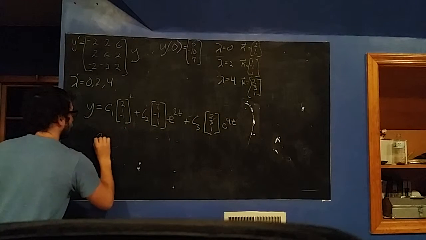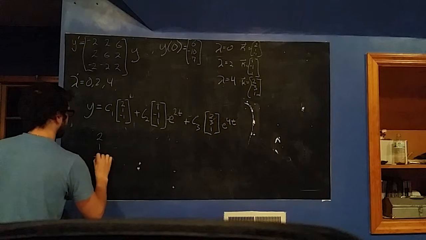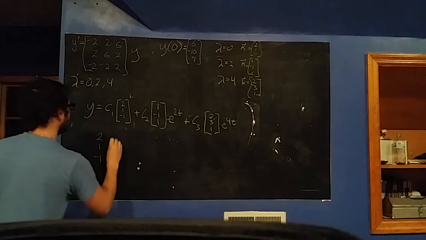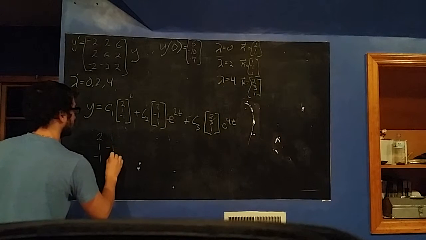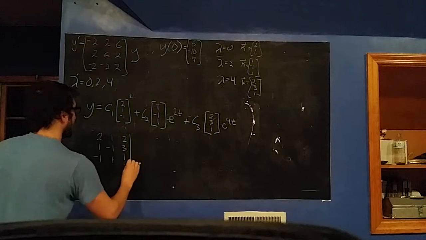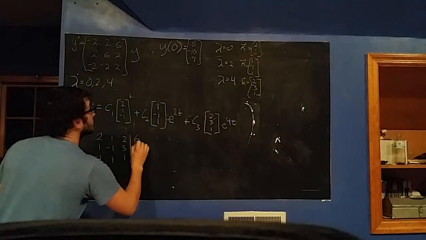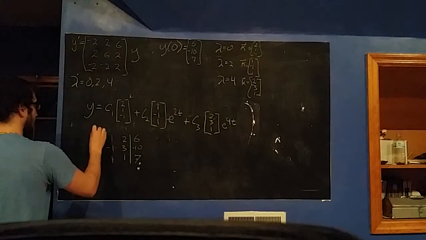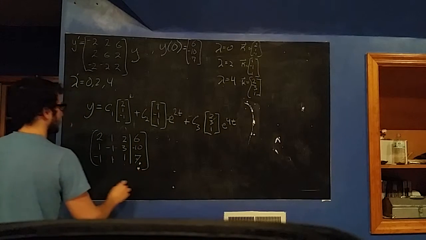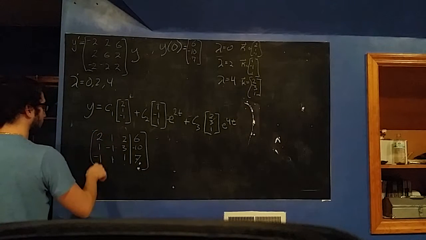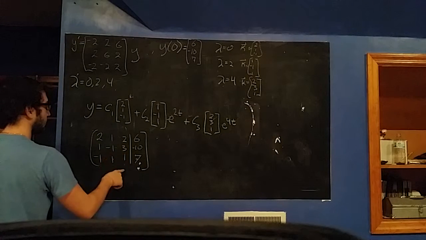I can take a matrix here, that would be 2, 1, negative 1, 1, negative 1, 1, and 2, and set those equal to 6, negative 10, and 7. The reason being is this would be our C1 column, C2 column, C3 column.